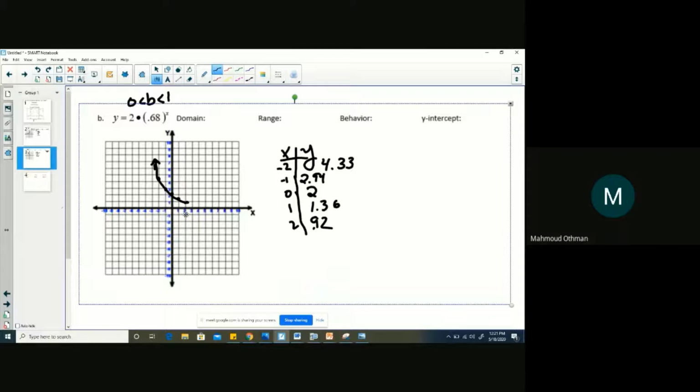And remember the general shape of our graph. This graph uses all the x values, so it's all real numbers, or from negative infinity to infinity.